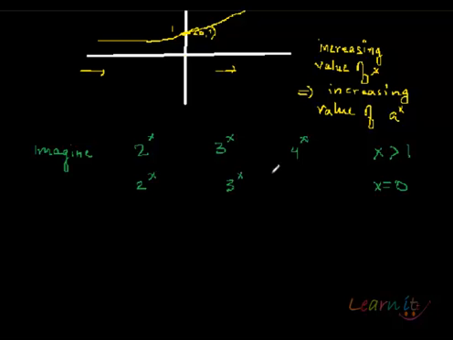So let's look at the relationship between 2 to the power x, 3 to the power x, 4 to the power x, and so on. When x is greater than 1, say x is 2, then 2 to the power x will be less than 3 to the power x, which will be less than 4 to the power x.